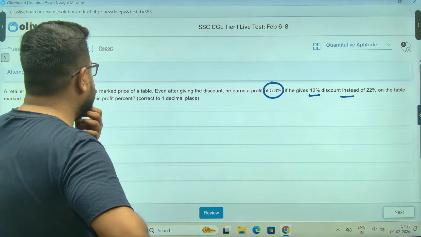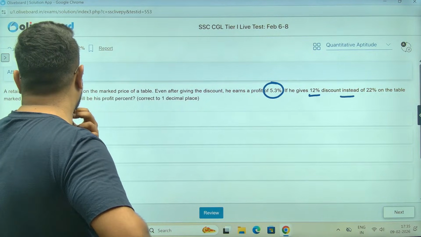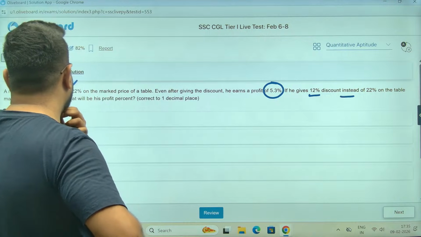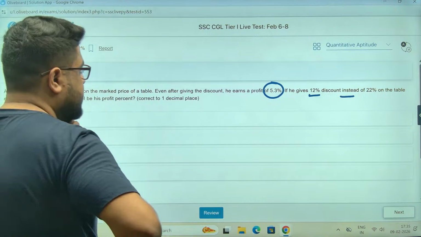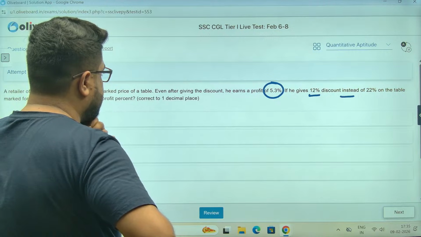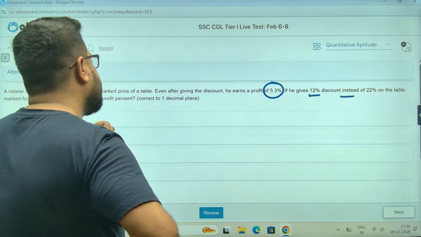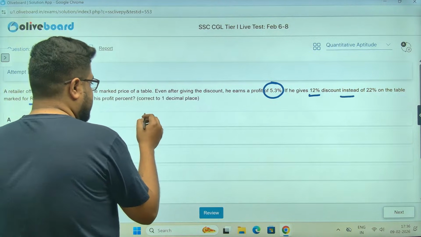Sir, I can do it with the ratio, but let's use the formula then.